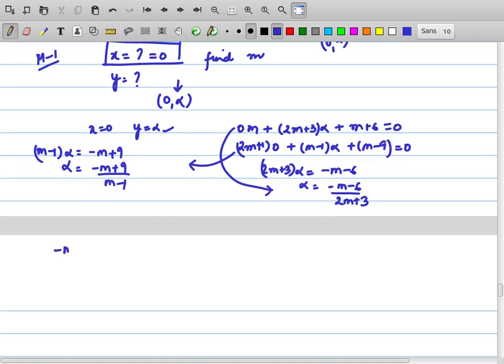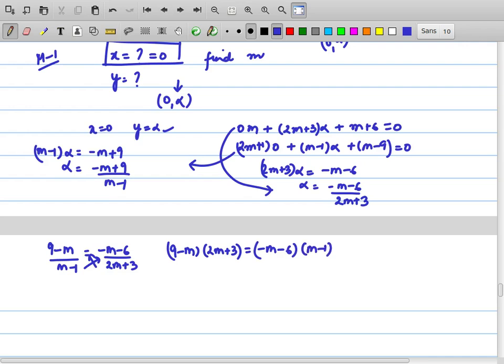So, we have 9 minus m upon m minus 1 is the same as minus m minus 6 upon 2m plus 3. On cross multiplying them, what do we get? (9 minus m) into (2m plus 3) is equal to (minus m minus 6) into (m minus 1). What do we get? 18m plus 27 minus 2m square minus 3m is equal to minus m square plus m minus 6m plus 6.